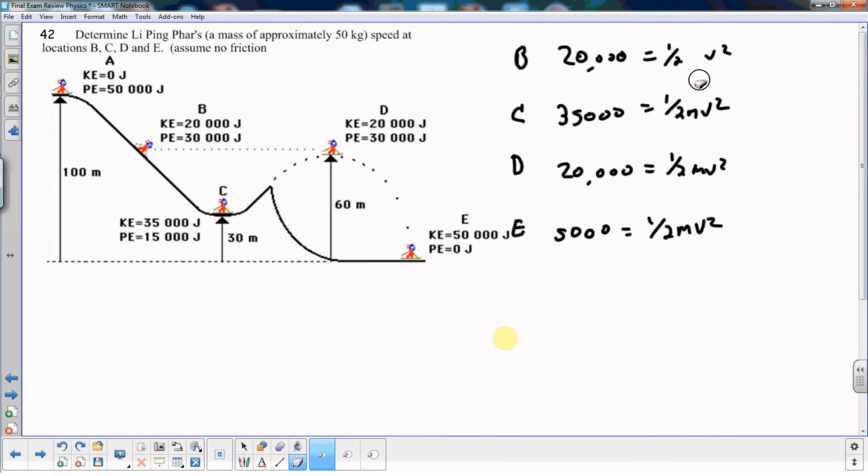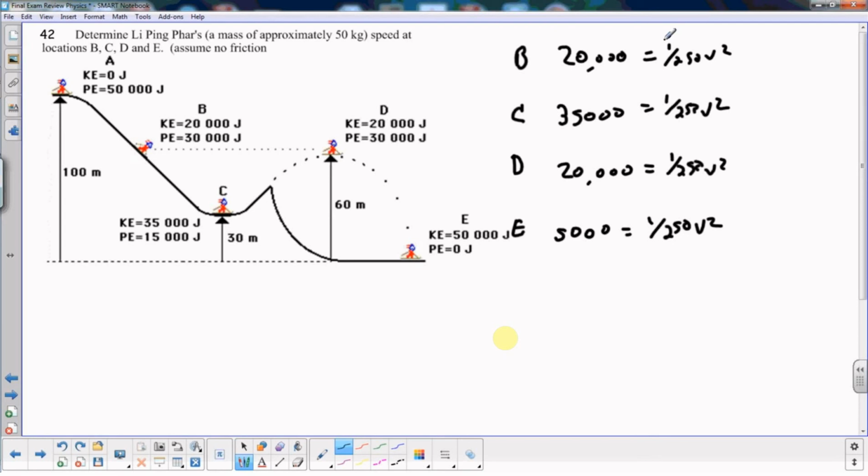Let's see how small I can write in here. 50, 50, 50, 50. So we'll do the KEs one at a time. 20,000 times 2 divided by 50. Take the square root.